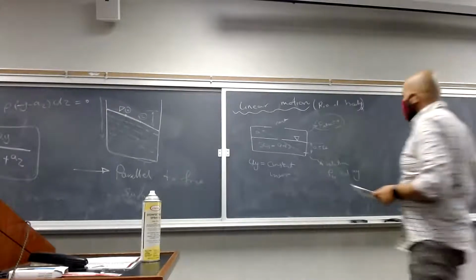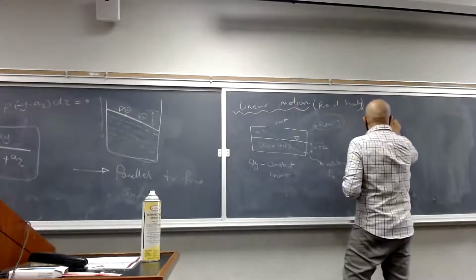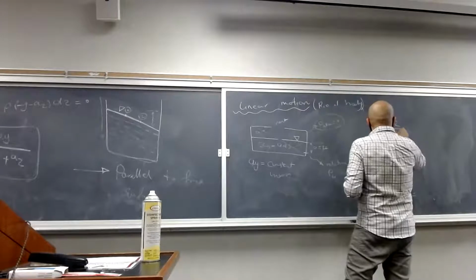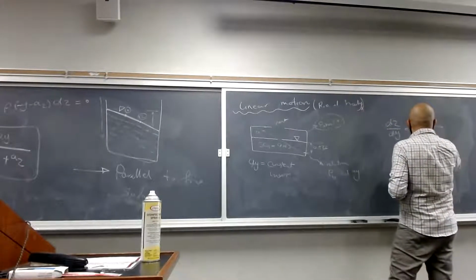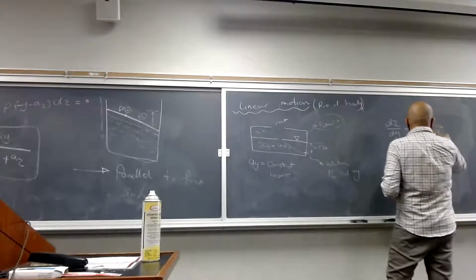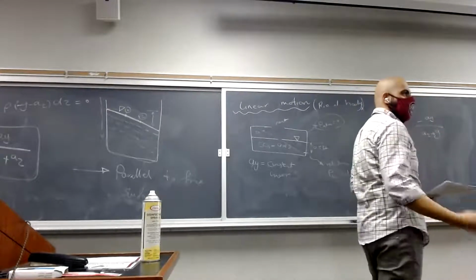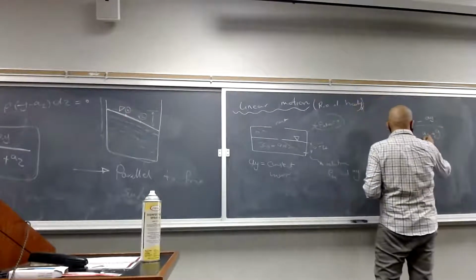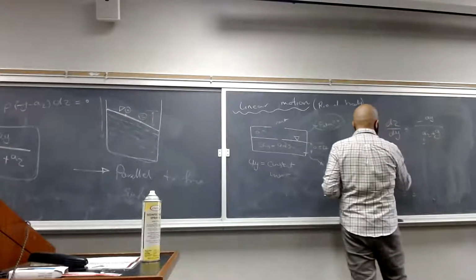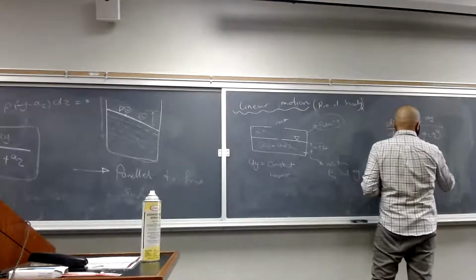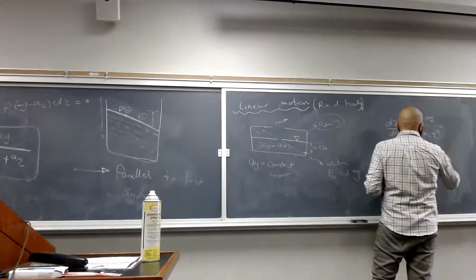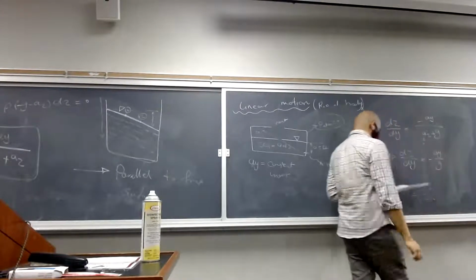The main equation, dz dy is equal to negative ay divided by az plus g. Here az we are told is 0, so dz dy is going to be negative ay over g.